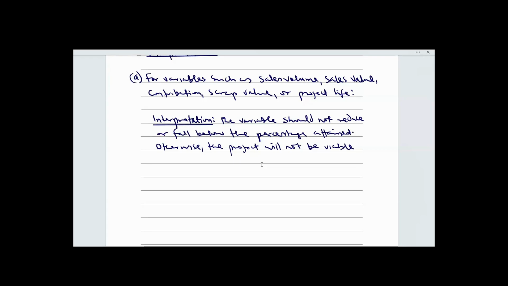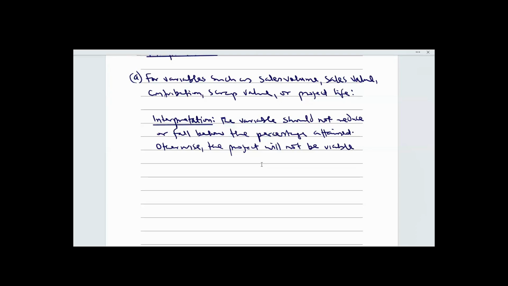Because this one I'm talking about all these variables. So let's say you calculate sensitivity margin of sales volume and you got 4%. Then your interpretation should be that the sales volume should not reduce below 4%. If not, the project will not be viable. That's what you need to say.